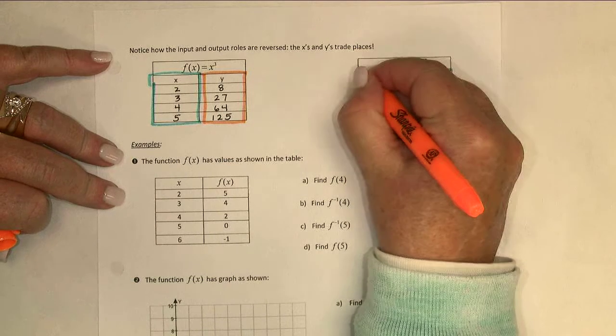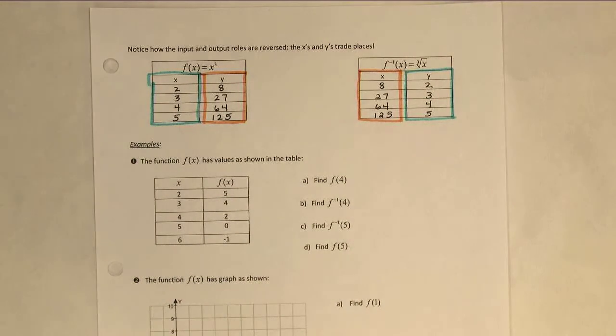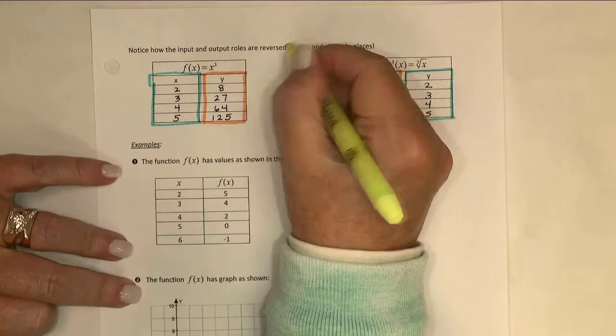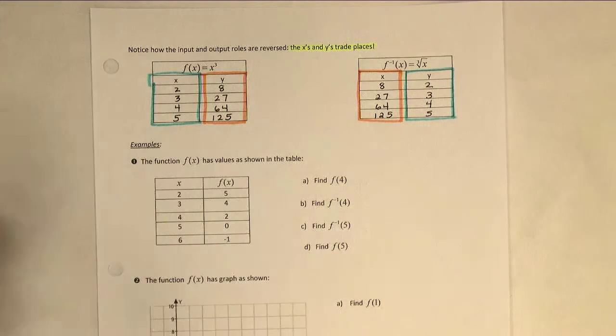So our x's and y's have traded places in the tables. And that is very typical of the way that inverse functions act. It goes right along with that do-undo thing, right? So very literally, x and y have changed roles.